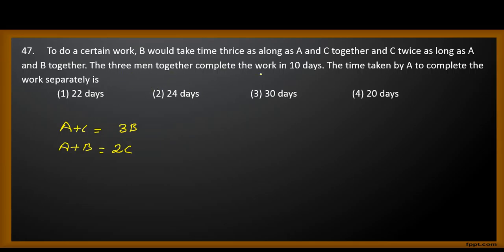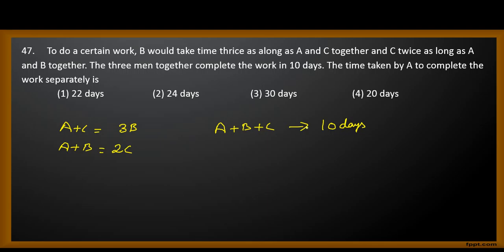Now look at the case. 3 men together can complete the work in 10 days. A, B and C together can do the work in how many days? 10 days. This is what is given. Okay. Now look at this.